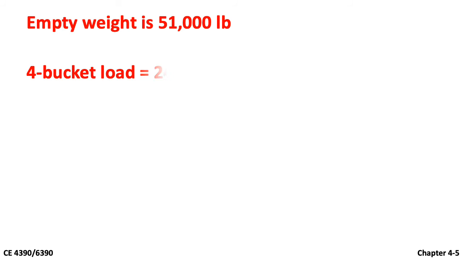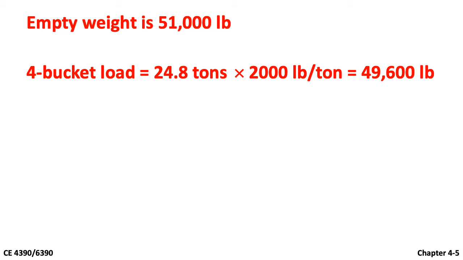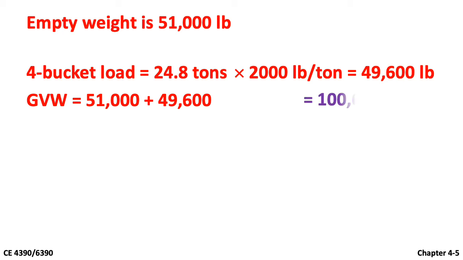If you use 4 bucket loads, as we found earlier, the total load weight is 24.8 tons or 49,600 pounds. So the gross vehicle weight is the sum of the empty weight, 51,000 pounds, plus the load weight, 49,600 pounds. So you get 100,600 pounds.